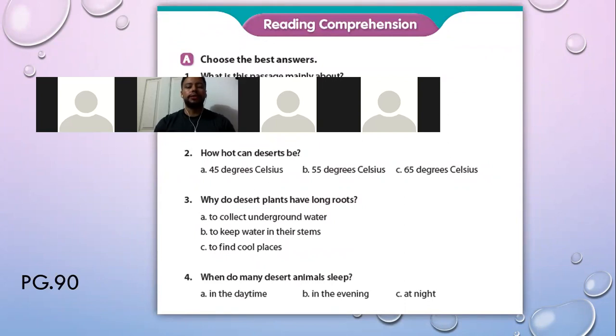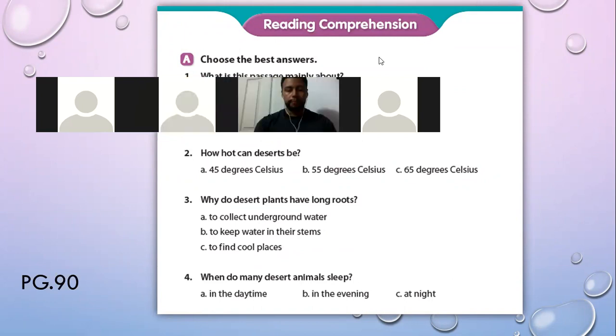When do many desert animals sleep? What is the answer? In the daytime, in the evening, or at night? Remember the lizards? Daytime, exactly. It's talking about lizards and foxes and different animals, coyotes, right?